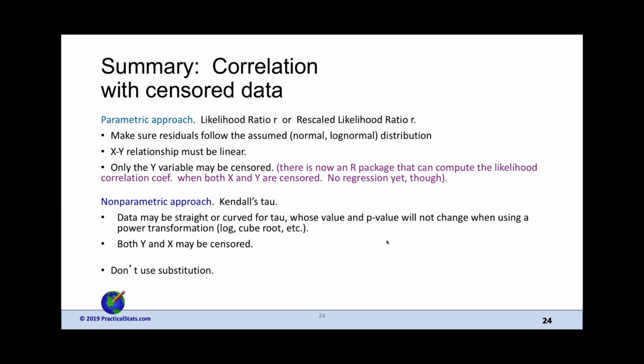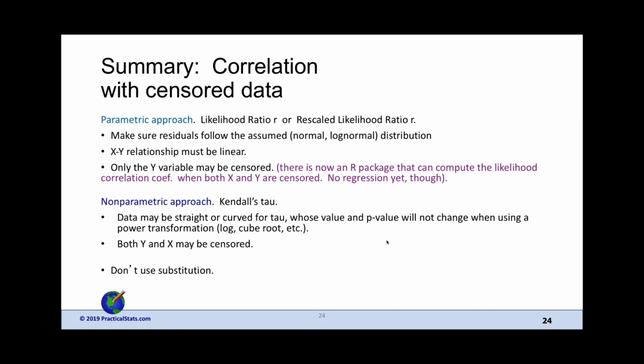So for the parametric approach, I would use the rescaled likelihood ratio R, or Nagelkerke. The only downside of that correlation coefficient is either a long name or a difficult to pronounce human's last name. It works very well. Make sure the residuals follow the assumed normal or log normal distribution, that your XY relationship is linear, and only the Y variable may be censored.